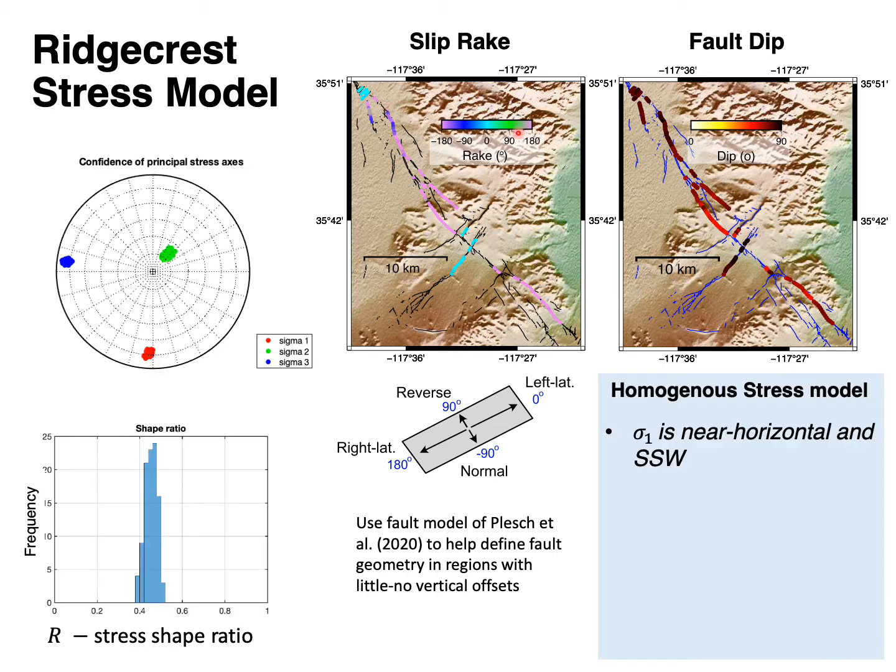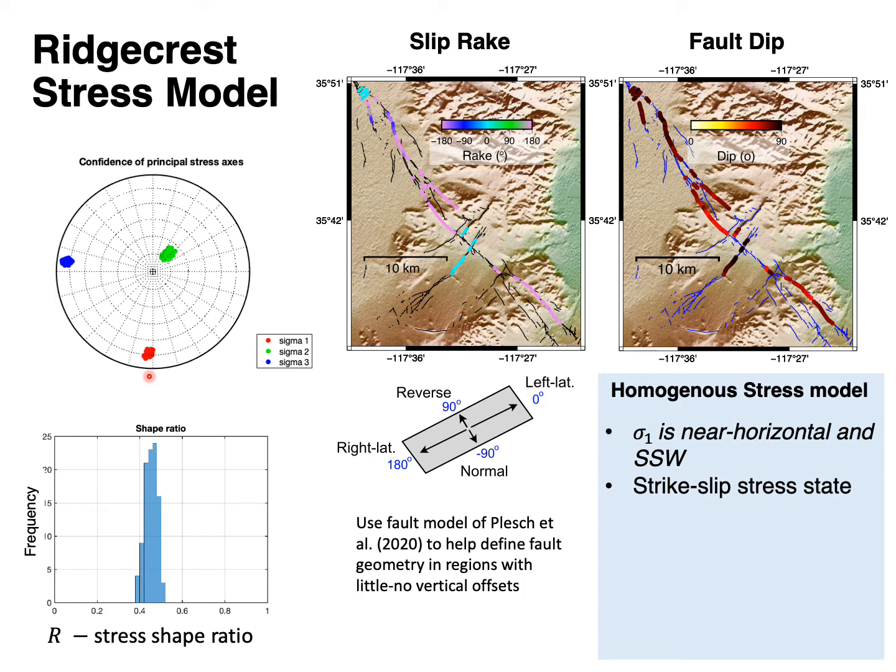And so inverting these slip vectors, this is our stress tensor result for inverting all these slip vectors together. It is almost 300 slip measurements here. And so we find a sigma 1 that's nearly horizontal and trending south-southwest.